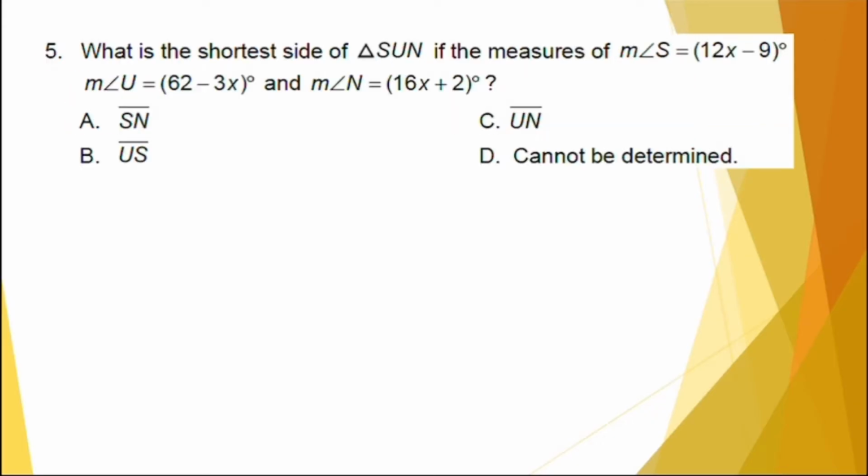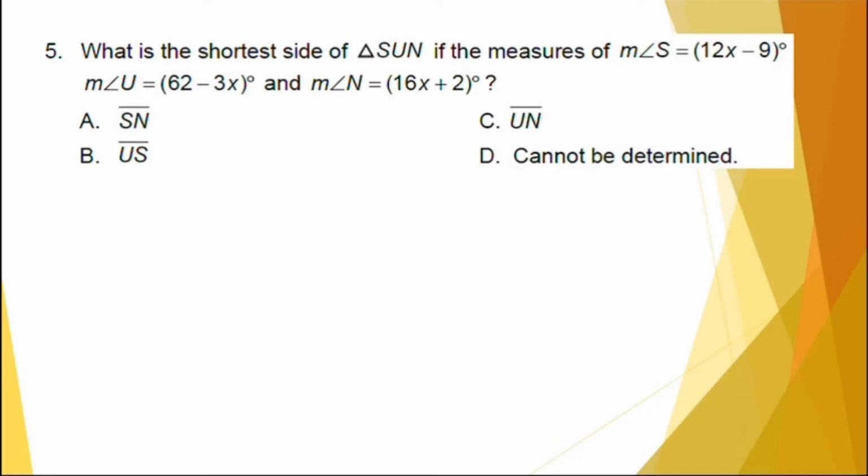Next, let's proceed for number 5. What is the shortest side of triangle SUN if the degree measure of angle S is equal to 12x minus 9 degrees, the degree measure of angle U is equal to 62 minus 3x degrees, and the degree measure of angle N is equal to 16x plus 2 degrees?